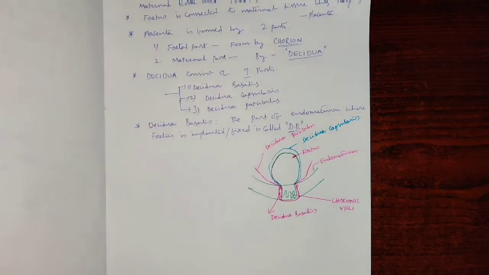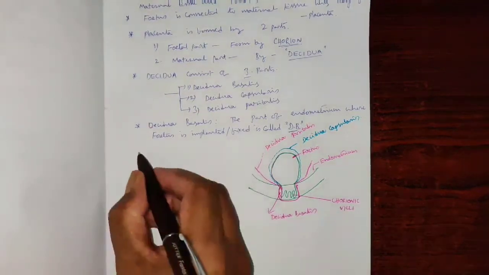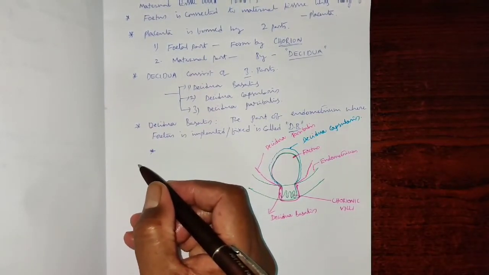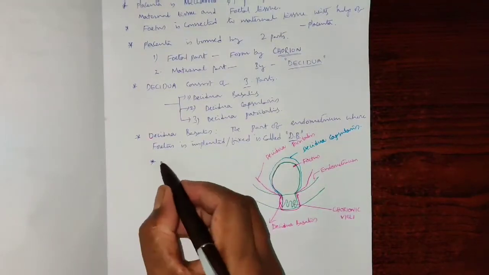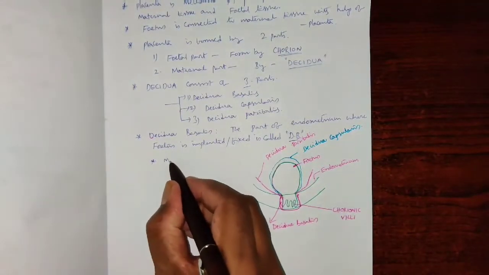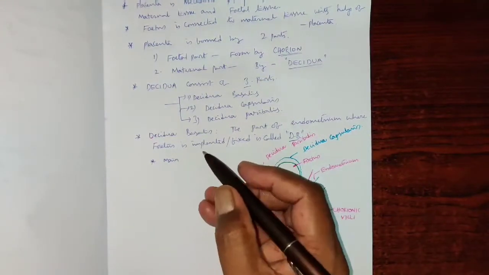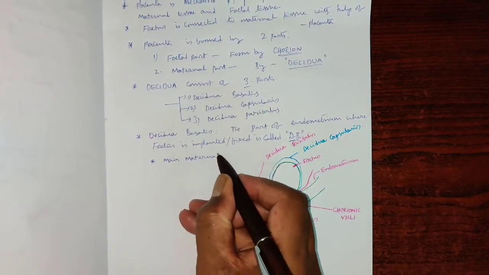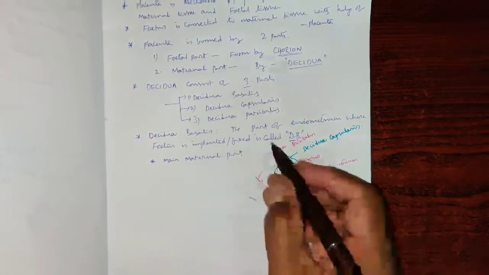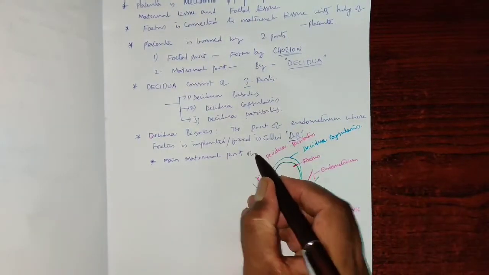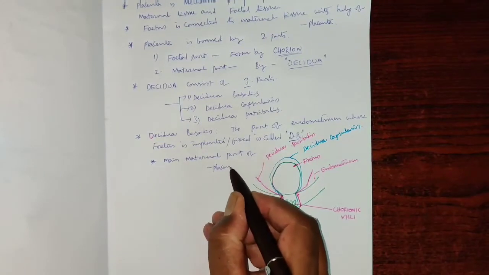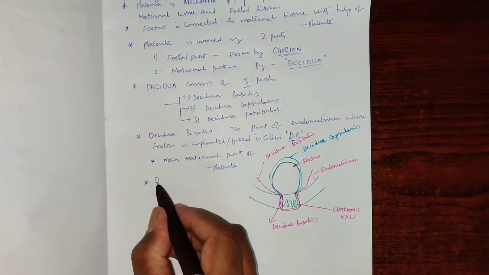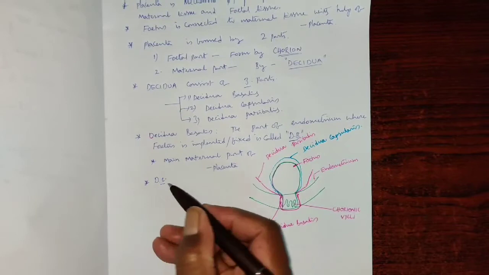Now decidua basalis is the main maternal part of placenta. Another one is decidua capsularis.